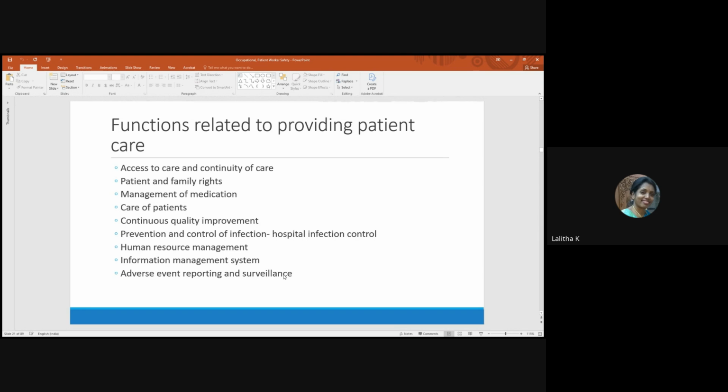As much as possible, prevention and control of hospital acquired infections, and good human resource management, like having good team play and good leadership, and information management systems, and event reporting and surveillance. Keep a watch on things like patient satisfaction also. Look at them and see how it's going, improving, coming down or stagnant, which will help you to perform better.